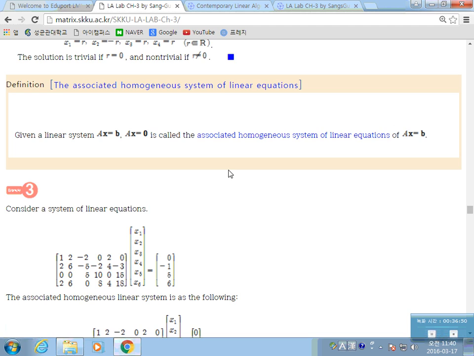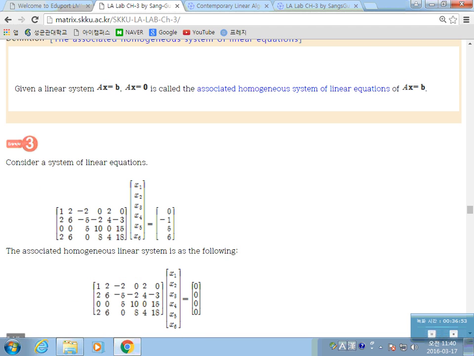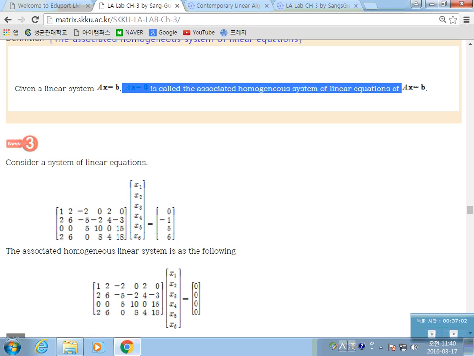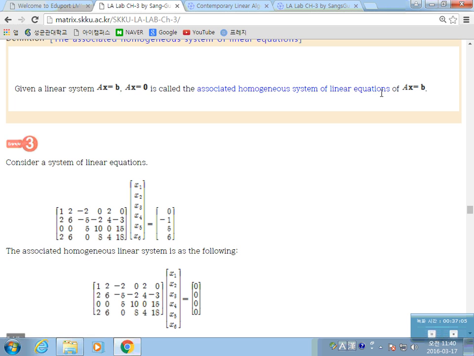The important thing is this. If you have AX is equal to B, then we call AX is equal to 0 the associated homogeneous system of linear equations of AX is equal to B. If you have AX equal to B, then think about AX is equal to 0 first. Then find the solution of this.